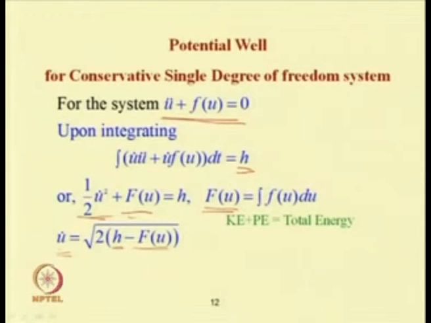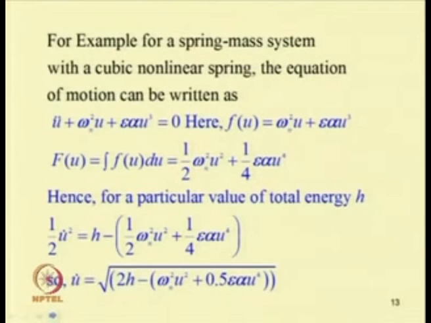So, by using this qualitative analysis, we can find the velocity of the system for a given potential of the system. For example, in a spring mass system with cubic nonlinear spring, the equation can be written in this form: u double dot plus omega n square u plus epsilon alpha u cube equal to 0.